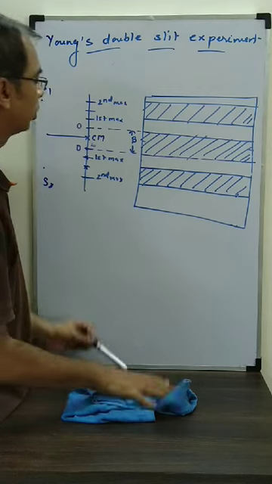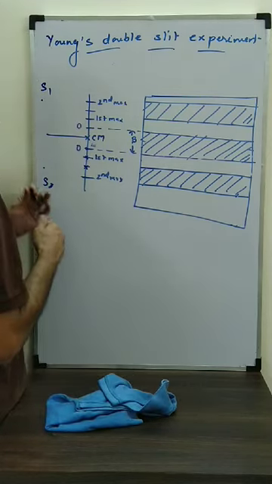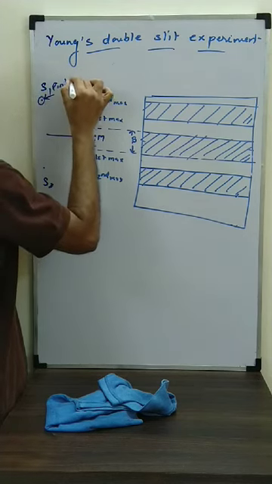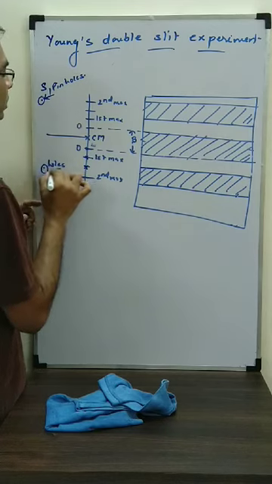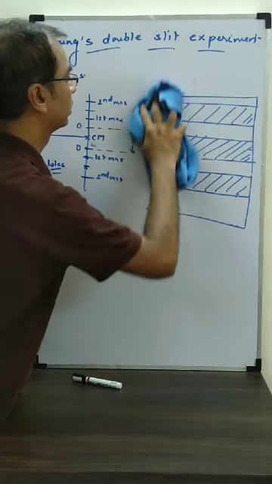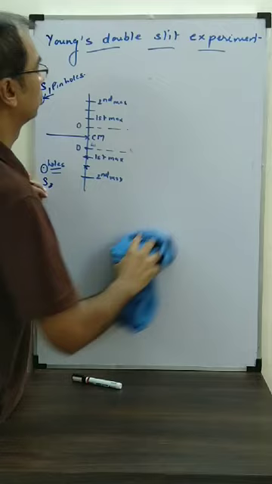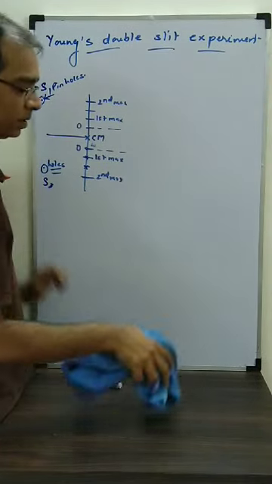Now, suppose this is not a slit experiment, and I say that these are pinholes only. Then what kind of pattern will appear on the screen? There is no change in the setup, but what will the pattern be?